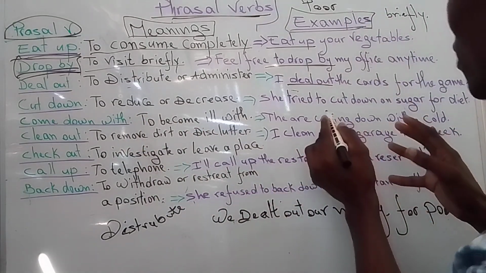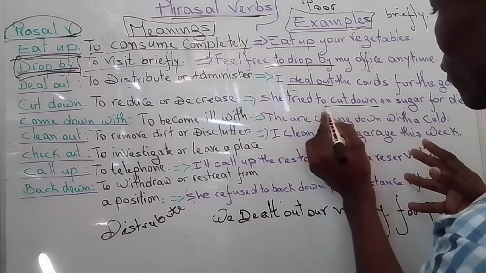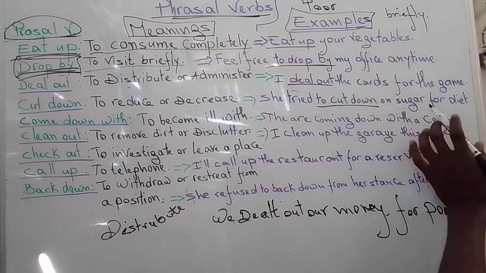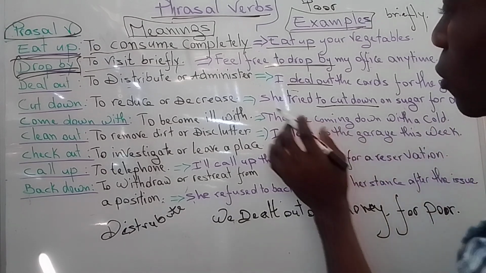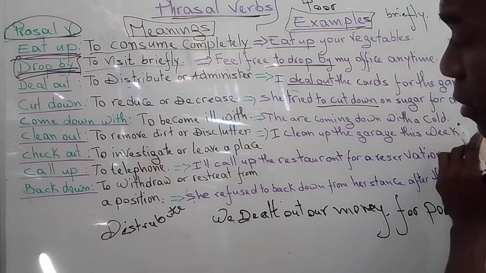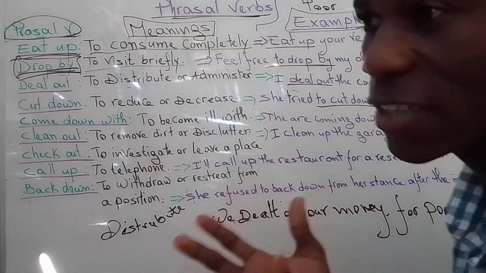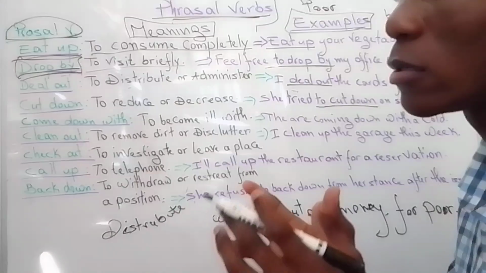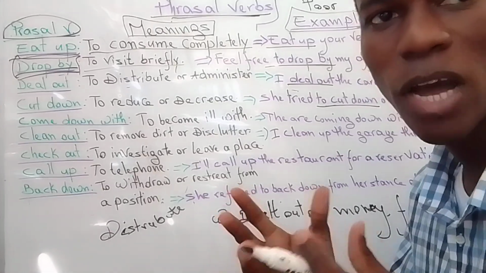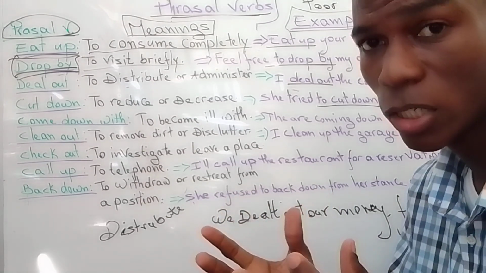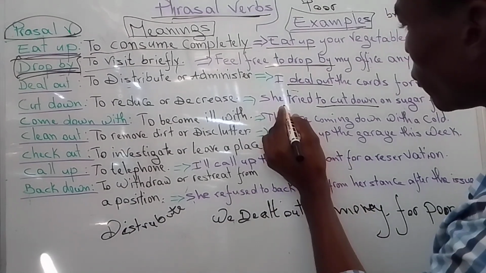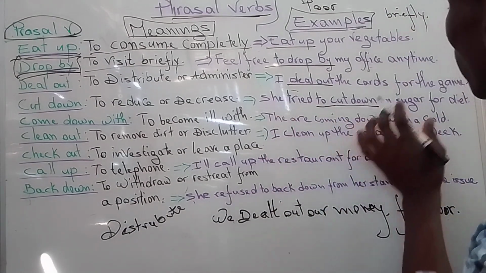Let's see this example with cut down. She tried to cut down on sugar for her diet. Someone that's on a diet and she tries to reduce sugar for her diet.